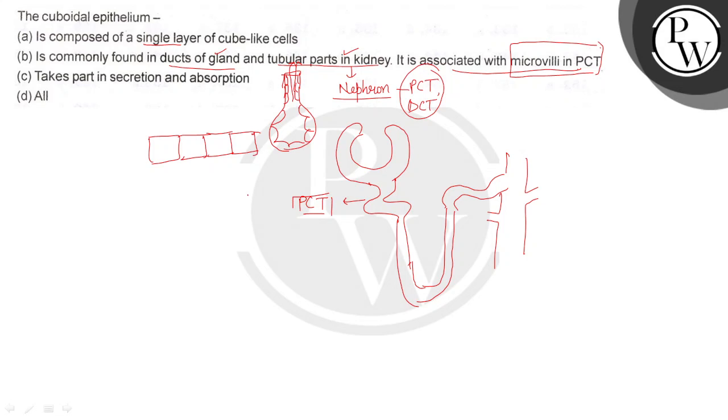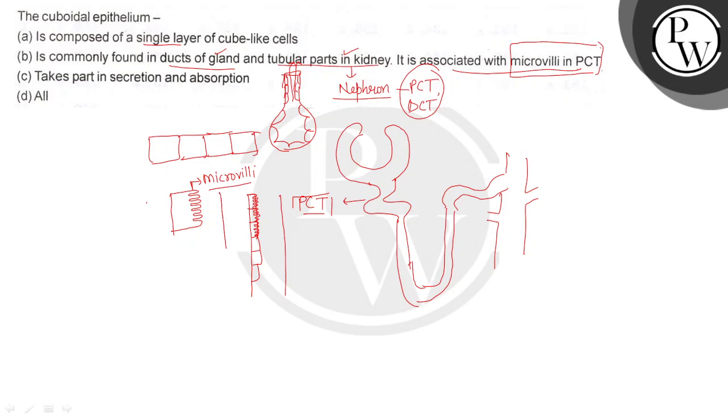If we draw a section of this PCT, it is lined with cuboidal epithelium. And when we say that it has microvilli, it means the cells have finger-like projections to increase the surface area. On the free surface, the cells have finger-like processes, and these processes are known as microvilli.